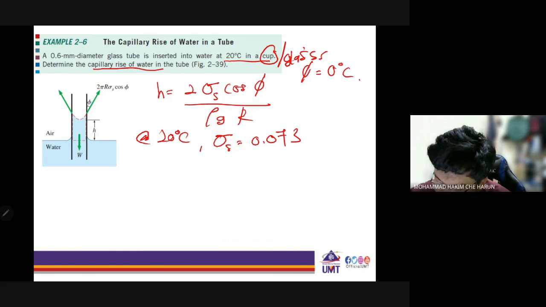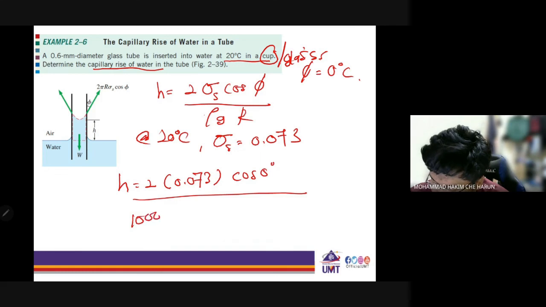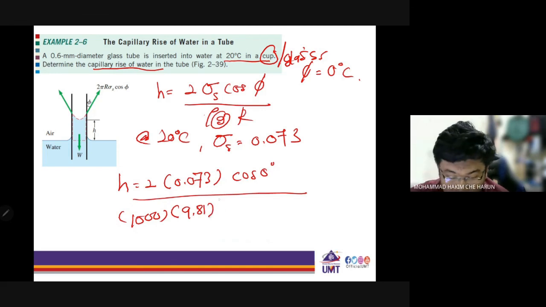Now we can simply substitute: h equal to 2 times tau s, 0.073, times cos 0 degrees, divided by rho for water, the density of water is 1000, times gravity 9.81, times r.